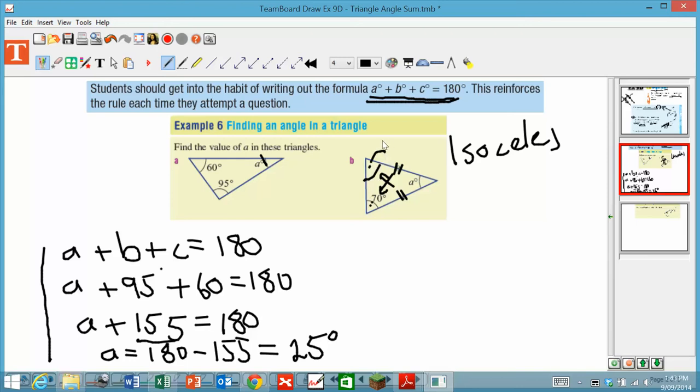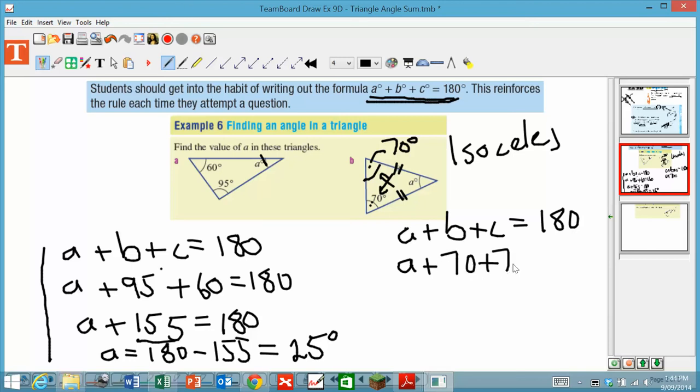So this angle in there is also 70 degrees. So again, we've got angle A plus angle B plus angle C equals 180. So A plus 70 plus 70, that's A plus 140 equals 180.